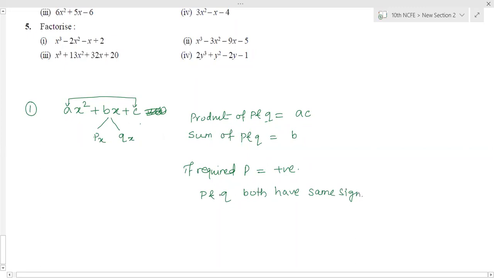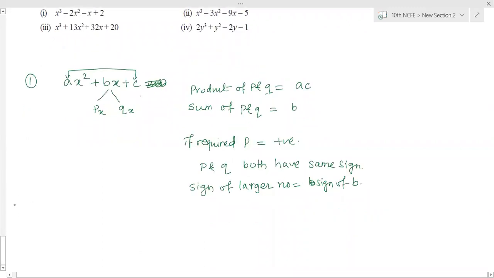Now which sign? The product of 2 numbers is positive when p and q are both positive or both negative, right? Which one it is, that is decided by b. The sign of the larger number is equal to the sign of b.